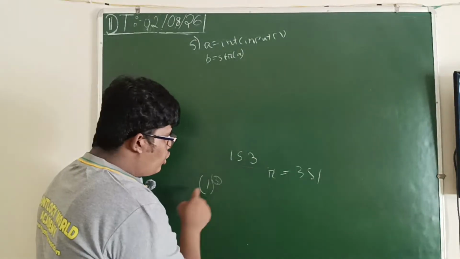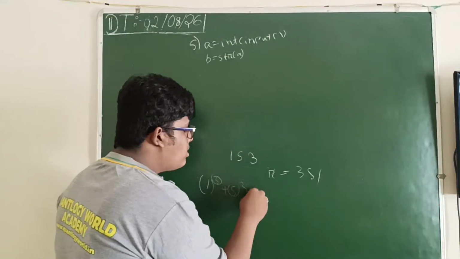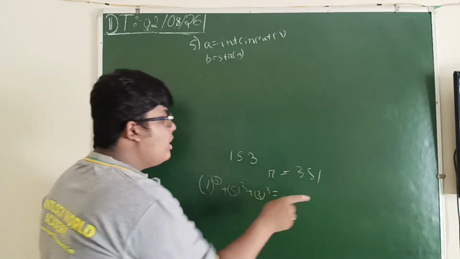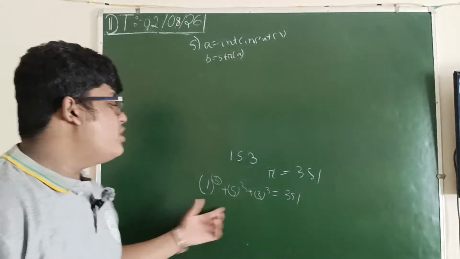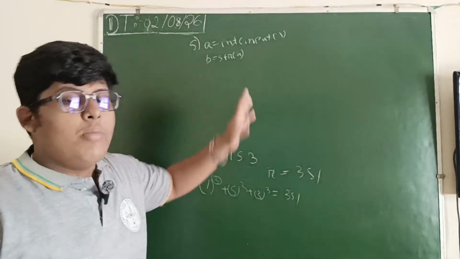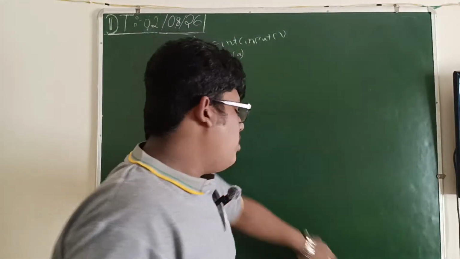The number of digits is 3. So 1 to the power 3 plus 5 to the power 3 plus 3 to the power 3 should be equal to the number. If this is true, then we can know this number is an Armstrong number, otherwise not. So this is the basic logic behind the Armstrong number.